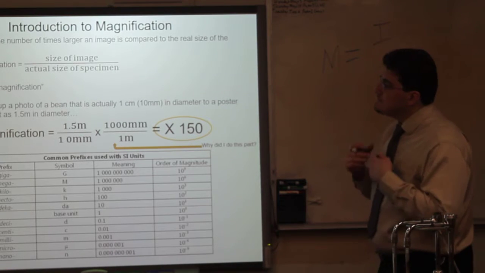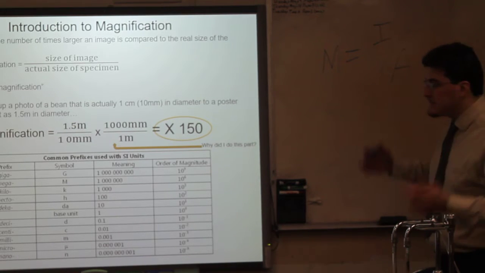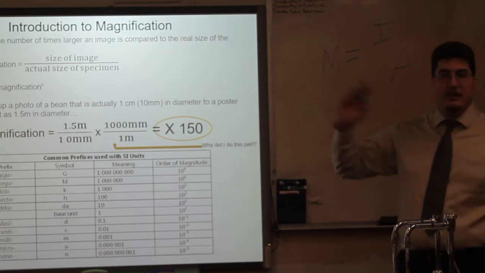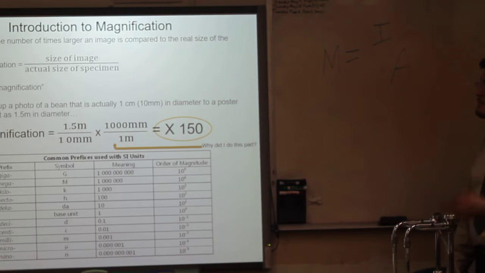So, if I were to take an image that is a poster board, a picture of something, that is 1.5 meters in diameter across, the image itself, the poster, is of something that is only 10 millimeters in size.